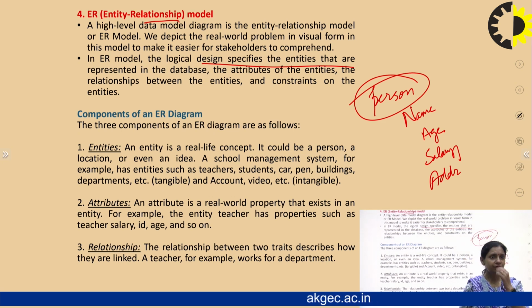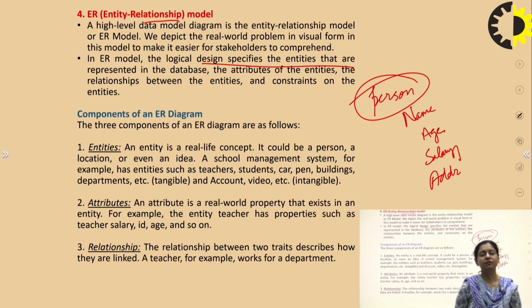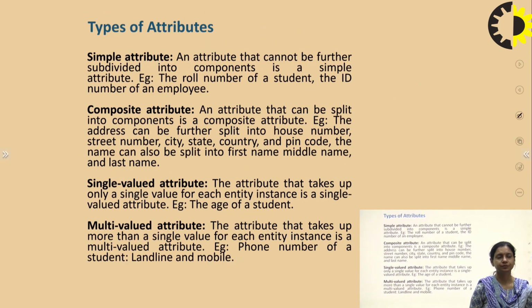Relationship: when we talk about different entities, there exists some relationship between each one of them. Like a teacher works for a department. The teacher and the department are two separate entities and they are related with each other with the works for relationship.